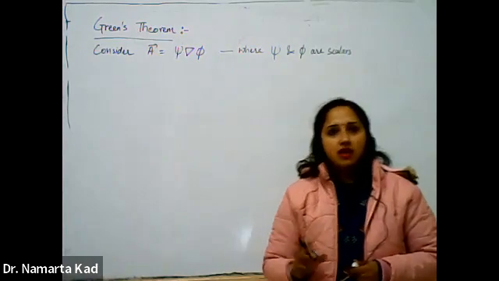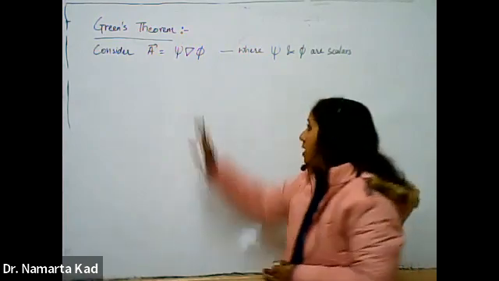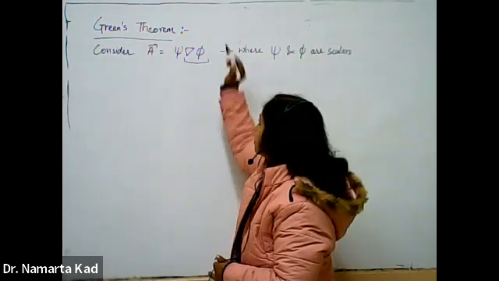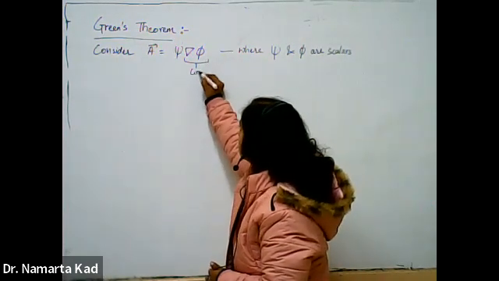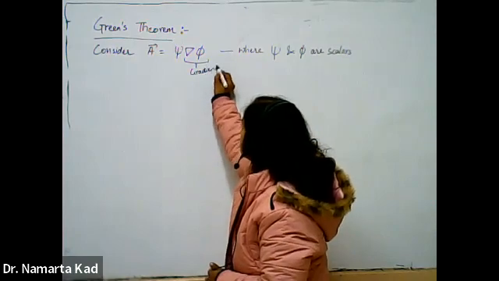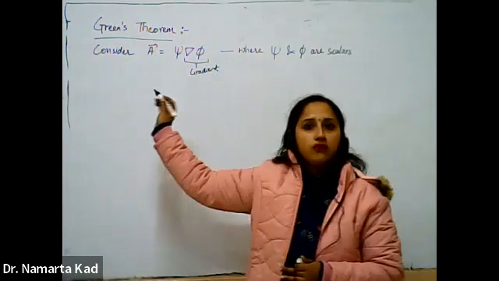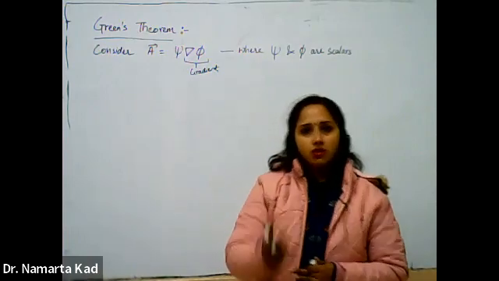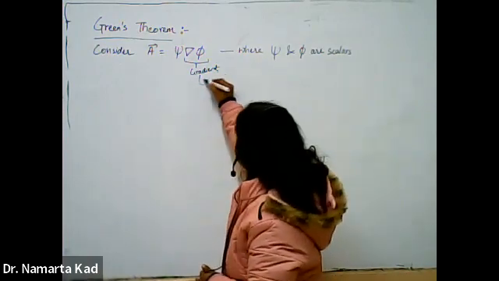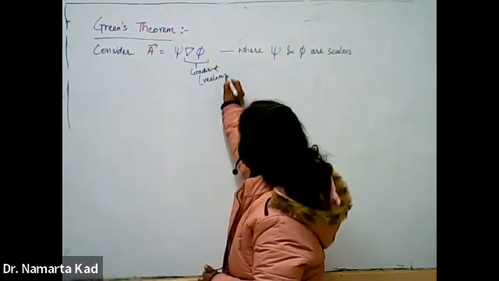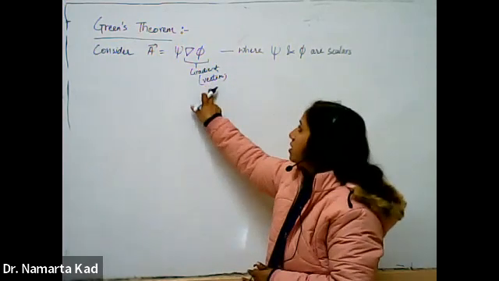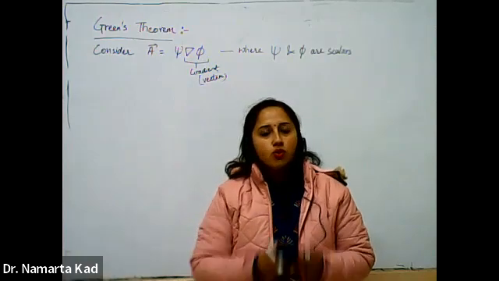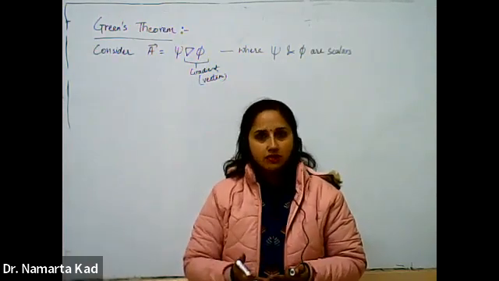This one is the gradient of a scalar, and we know the gradient is a vector quantity. When this vector is multiplied by any other scalar, the result is again a vector quantity.